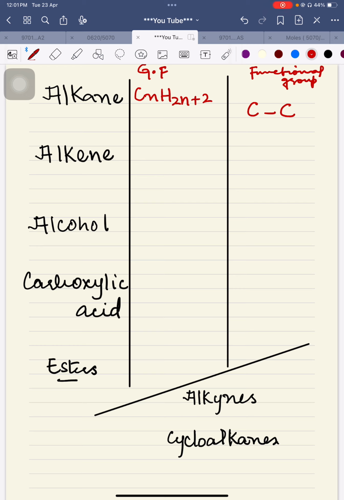So all the members of the alkanes family, whether they are 100 or 200 or 1000 or 10,000 or 100,000, they all will have the general formula of CnH2n plus 2.